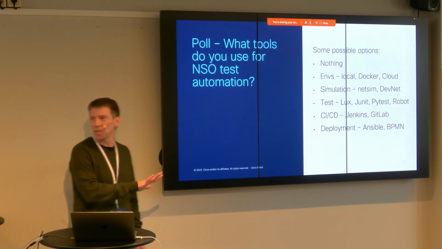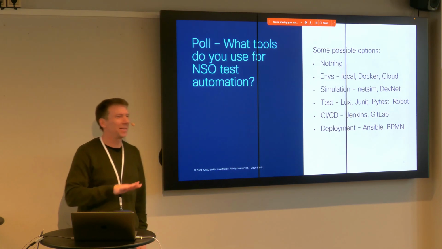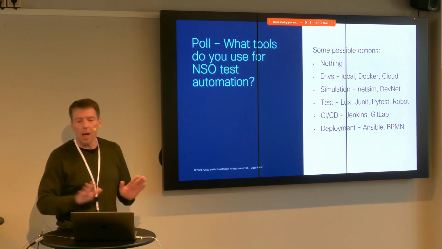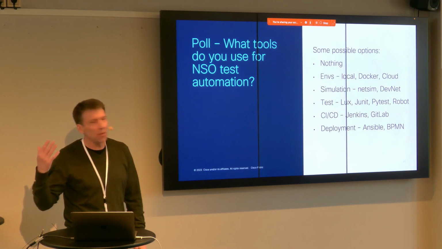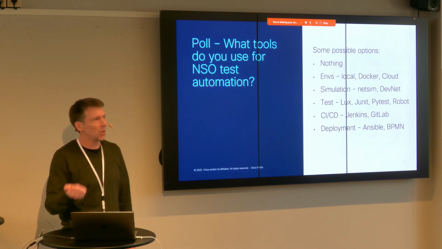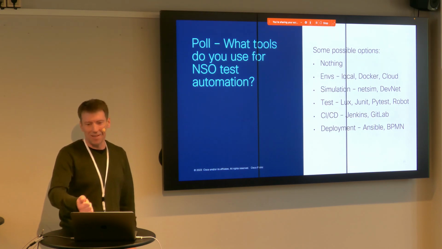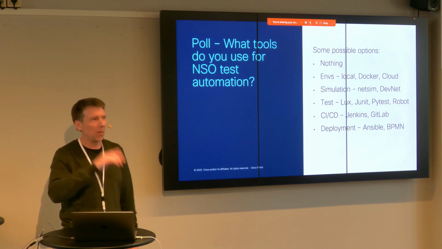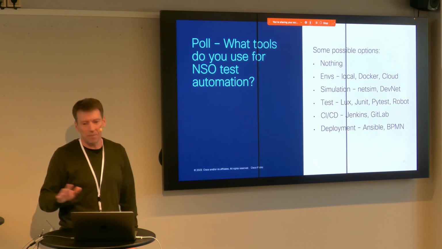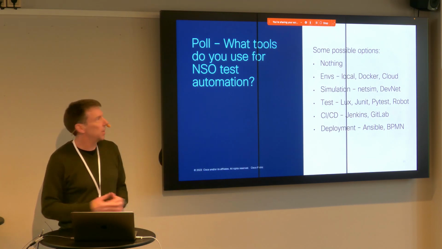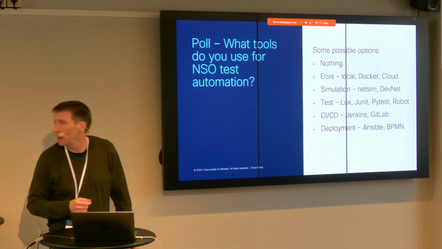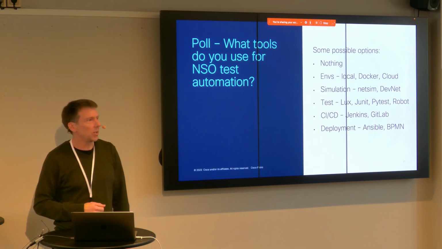Okay, so this was going to be a poll, but just based on everything, I just wanted to throw up some things that could have been in the poll, and you can just look at these and say, are we using any of these tools? And if anybody has any tools that you don't see on this list, I wouldn't mind hearing about them for your automated NSO testing. This is the set of things that we end up using all the time, and it depends on each customer situation.